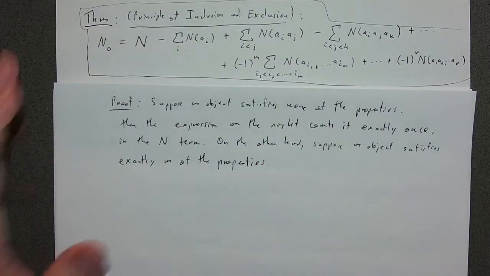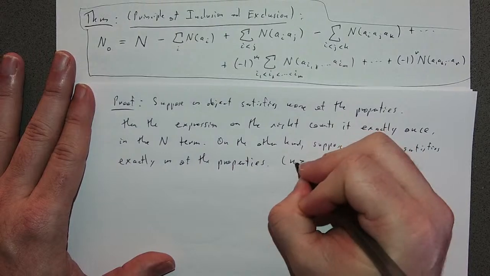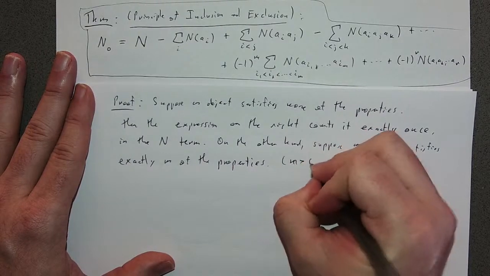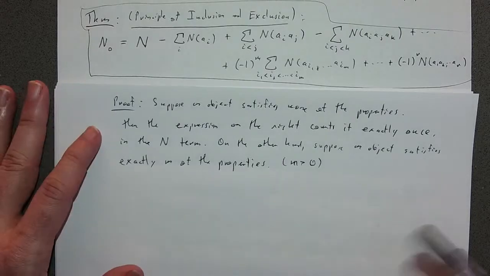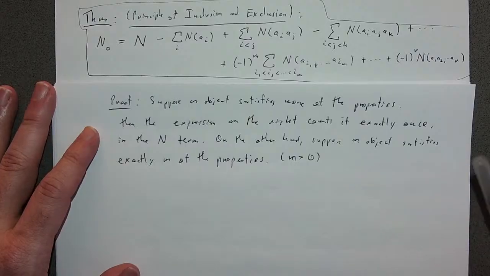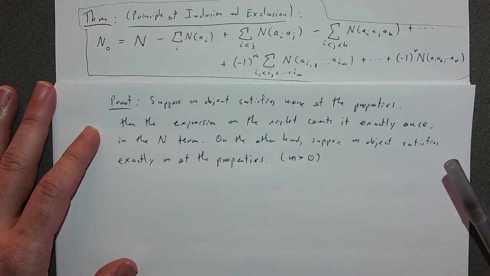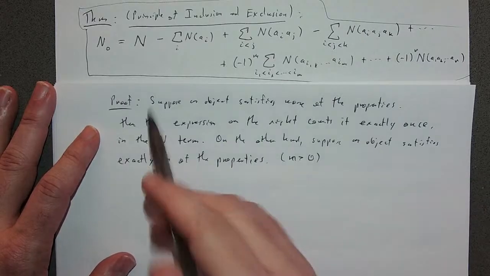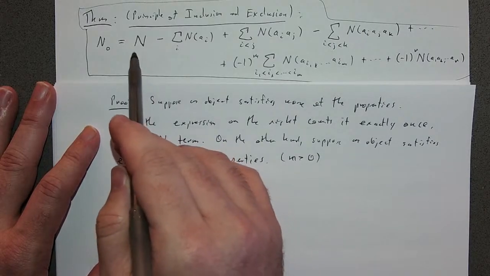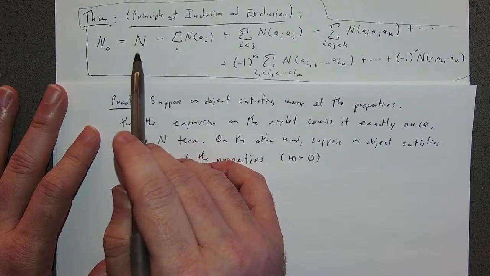Okay, so m is some positive number. m is greater than 0. Then when is such an object counted? Well, it definitely is counted in the n term here since every object is counted there.